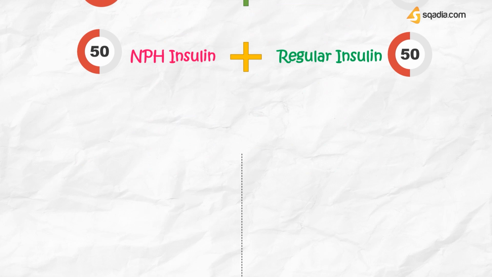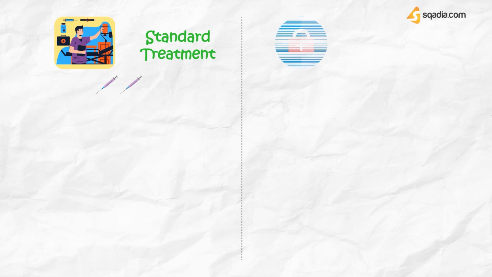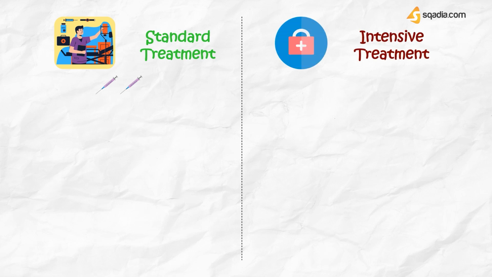If we compare standard treatment versus intensive treatment, standard insulin therapy involves twice-daily injections. In contrast, intensive treatment utilizes 3 or more injections daily with frequent monitoring of blood glucose levels.